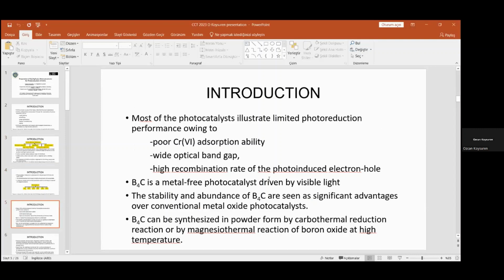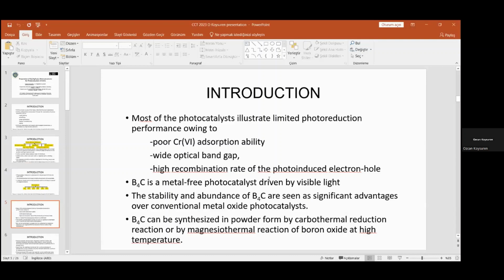As I said, we need a photocatalyst. Most of the photocatalysts illustrate limited photoreduction performance owing to several reasons, like poor chromium-6 absorption ability because of the charge on the photocatalyst and also the charge of chromium-6.